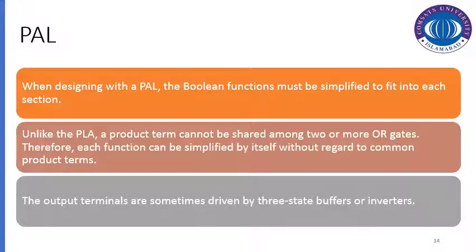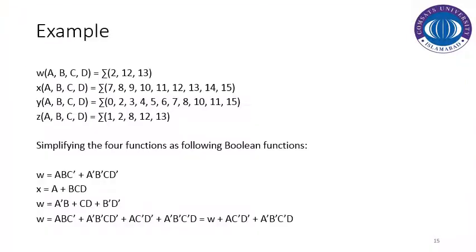So unlike PLA, the product terms cannot be shared among two or more OR gates. Therefore, each function can be simplified by itself without regard to the common product terms. And the output terminals are sometimes driven by three-state buffers or inverters, which we can see from the next diagram of the implementation of an example.